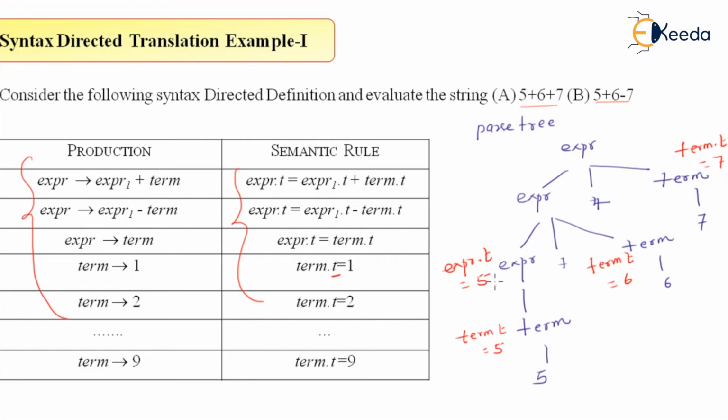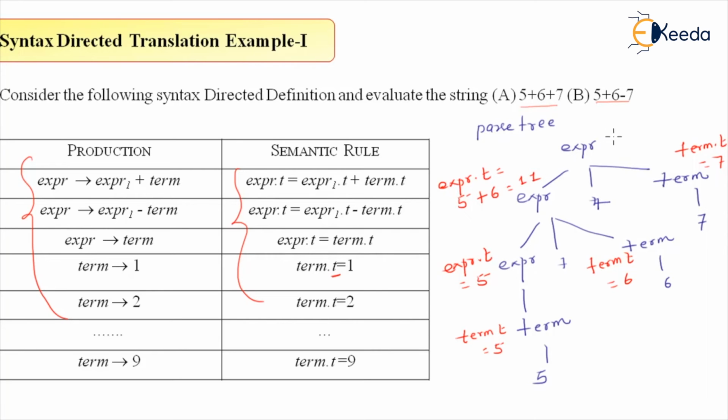Now here expr is expr1 dot t plus term dot t. expr is nothing but whatever is on the right hand side. So here expr dot t will become what? It will become 5, that is expr1 dot t, plus 6, and that will become 11.